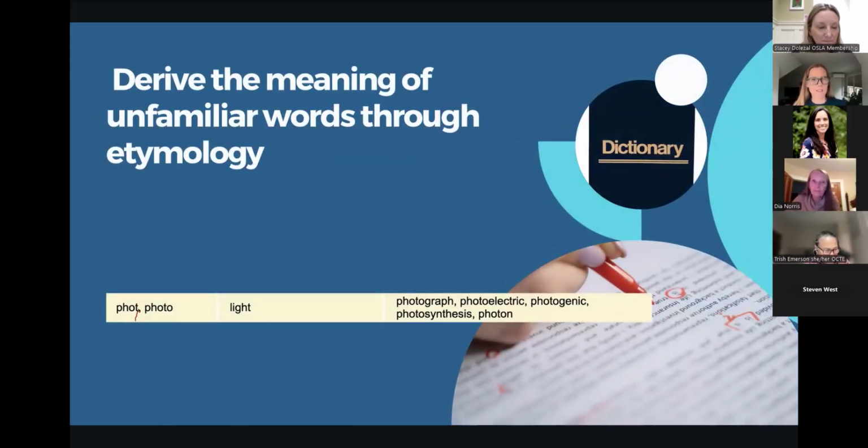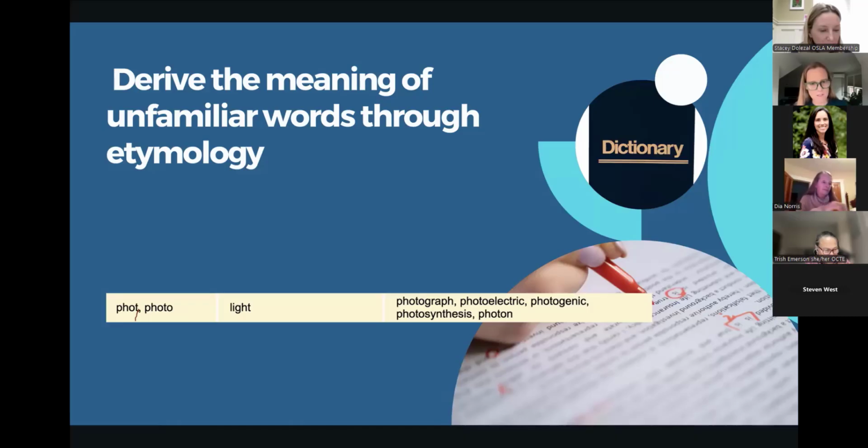Okay, we want to derive the meaning of unfamiliar words through etymology, and this is where the fun begins. Etymology is essentially the study of word origins, and this is the most interesting part, in my opinion. And if you're at all into history, then this could also become very interesting to you.